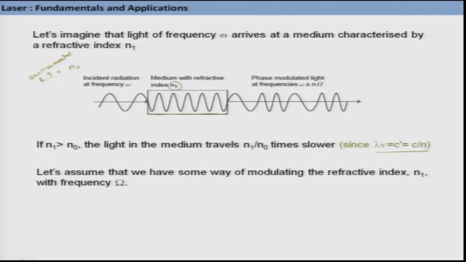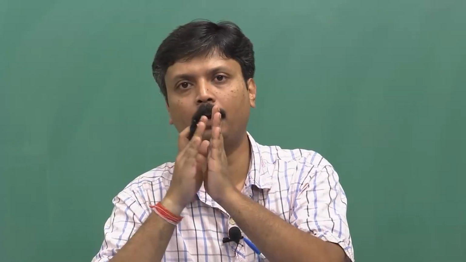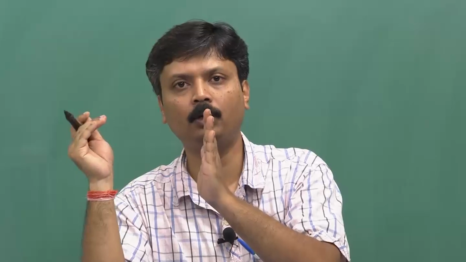Now suppose for the time being we assume that we have some way of modulating the refractive index. I have started with n1, I can go to n1 prime, n1 double prime, and so on.